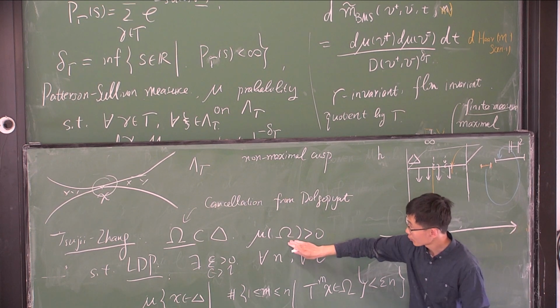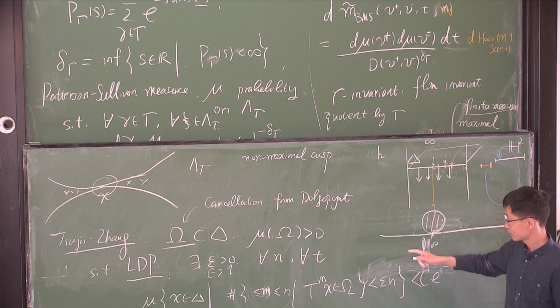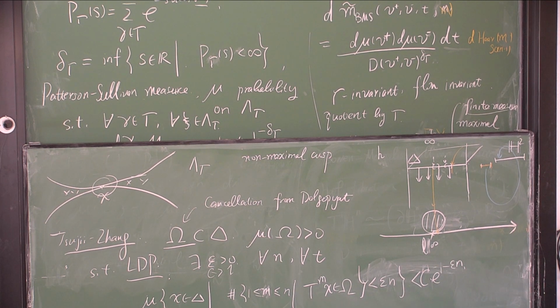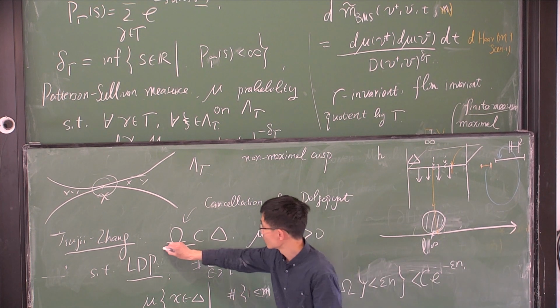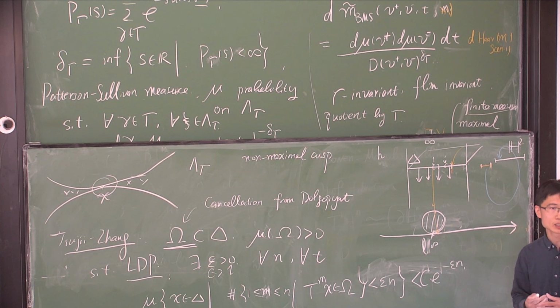What's more, this positive measure set satisfies this large deviation property. It means that the set of points that don't come to this set often enough has exponentially small measure. Combining this, you can get exponential mixing. So in our case, we need to find this set Omega, and also verify this large deviation property.